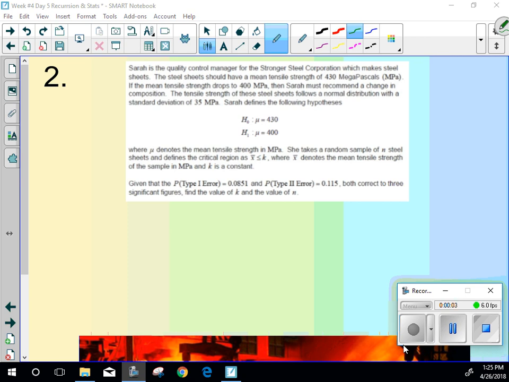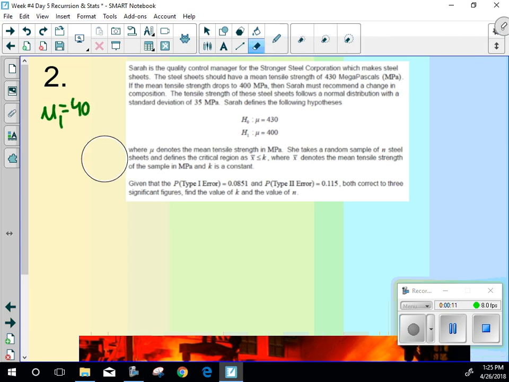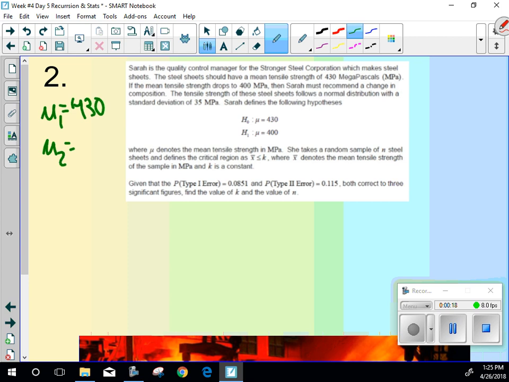We're going to, with number 2, deal with mean 1, mu 1, which is 430, and mu 2, which is 400.